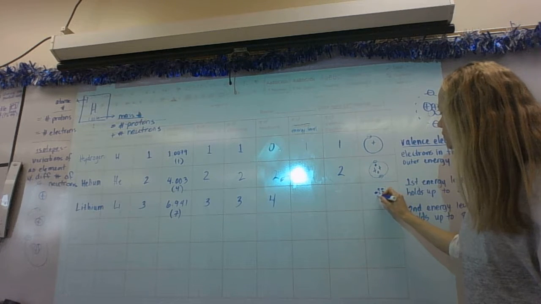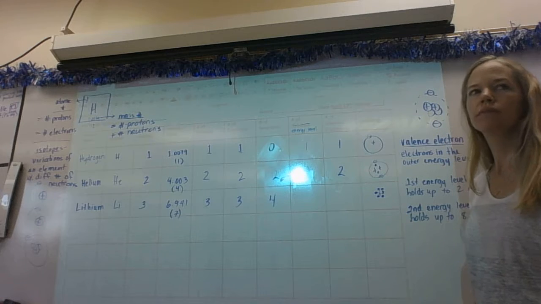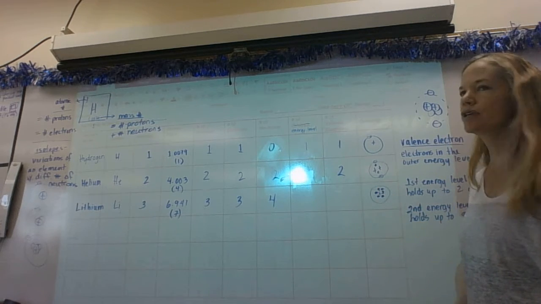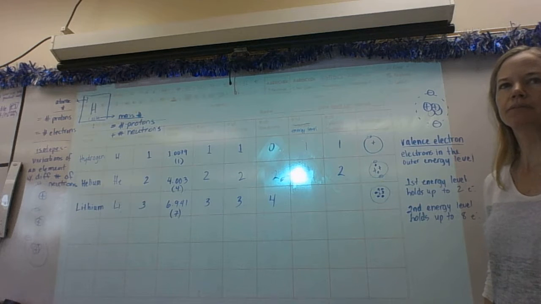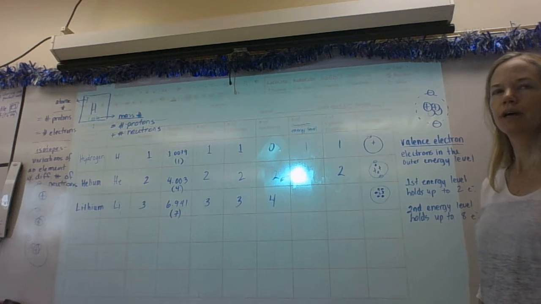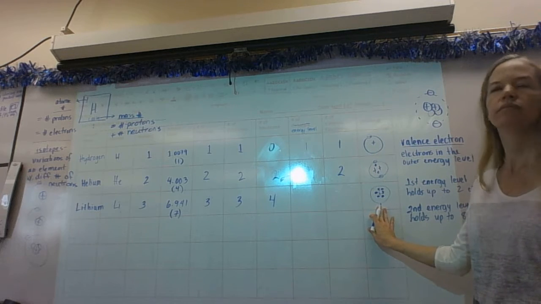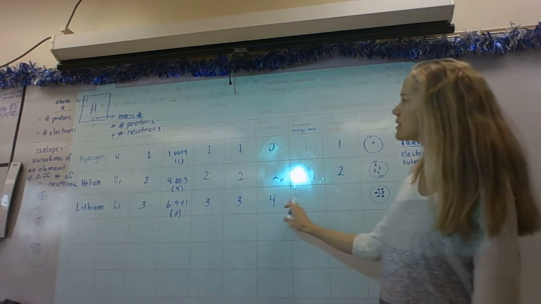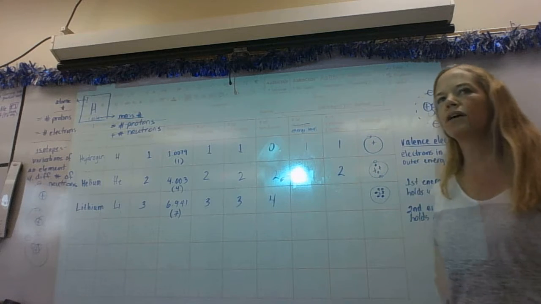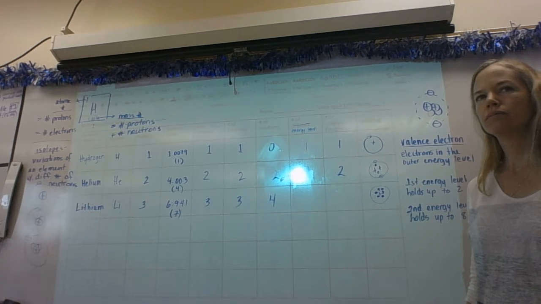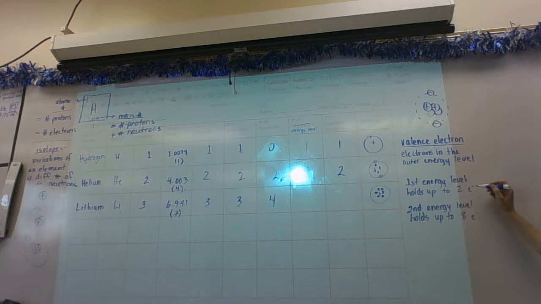Where do they go? In the nucleus, okay? What about electrons? Raise your hand. Ruby. How many electrons in the first energy level for lithium? Lithium has a total of 3 electrons. How many are we going to put in the first energy level? What's the total number we can put in the first energy level that we wrote into our notes?